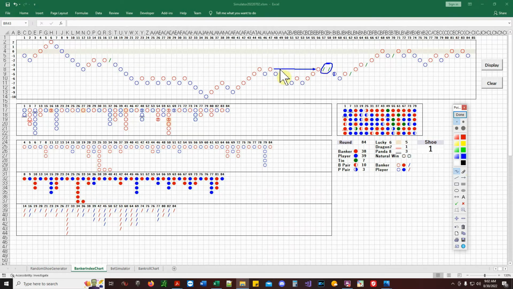Every once in a while, you might need to draw your lines. Boom, hit that line of resistance. That's a play. Boom, that's a unit right there. Okay, right here, boom. You would have lost the unit right there, and then it broke out to the upside.